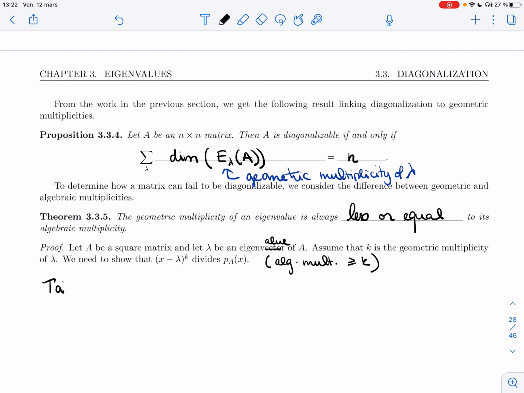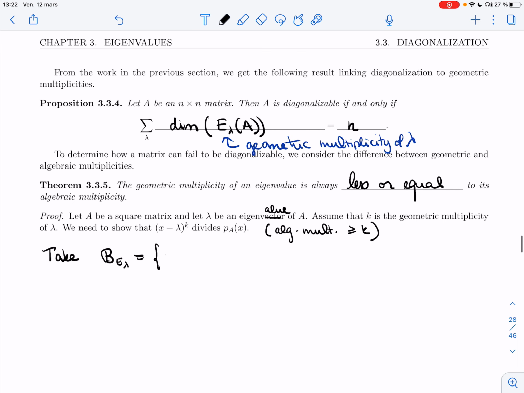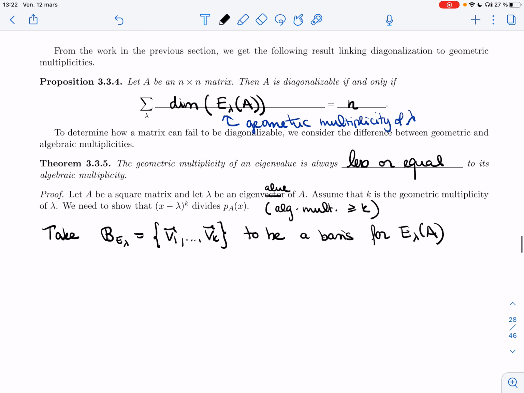All right, so we're going to take a basis for E_lambda. Let's say that's v1 through vk.